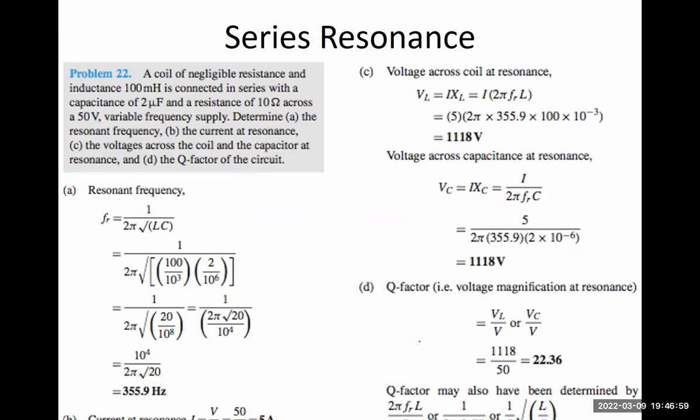So we are now to determine the resonant frequency and then the current at resonance, and letter C, the voltages across the coil and the capacitor at resonance, and D, we are to compute for the Q factor of the circuit. So what are our given?